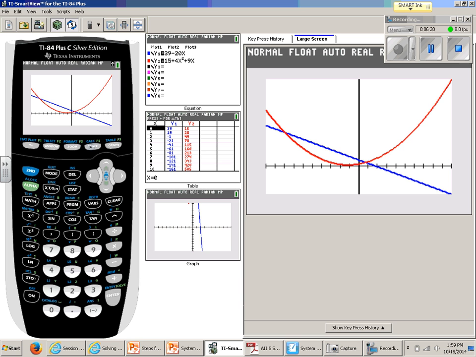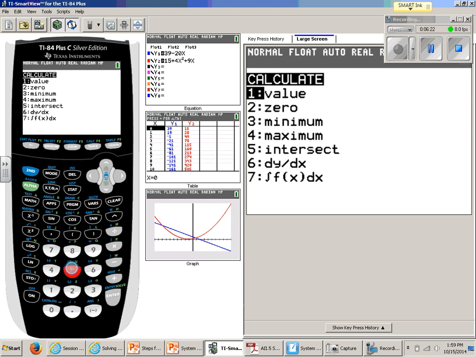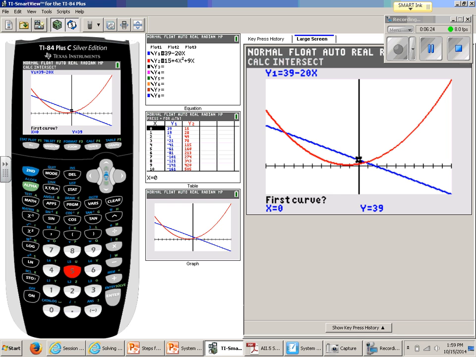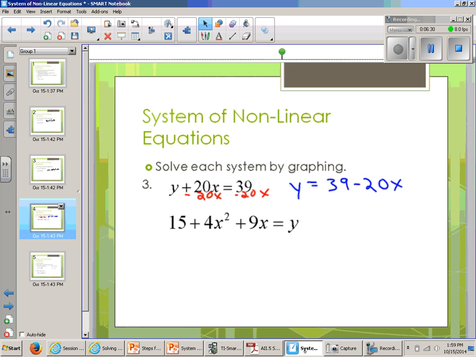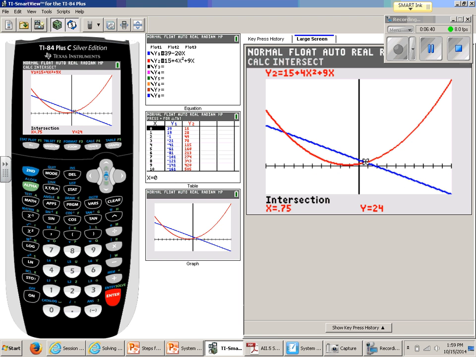I'm going to do second trace, intersection, enter 3 times. So 0.7524 is my first solution. Now I want to get the one all the way up here.